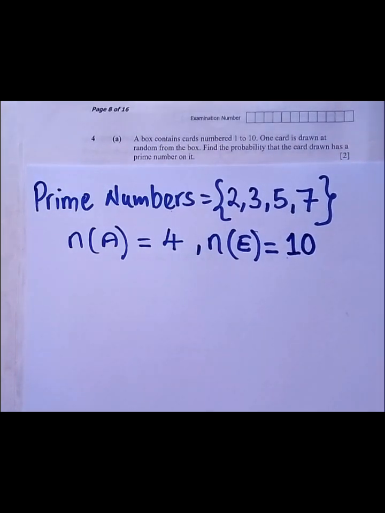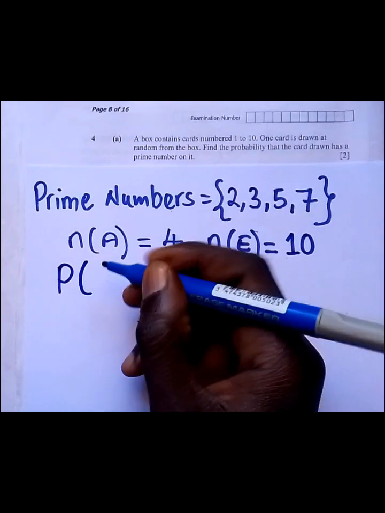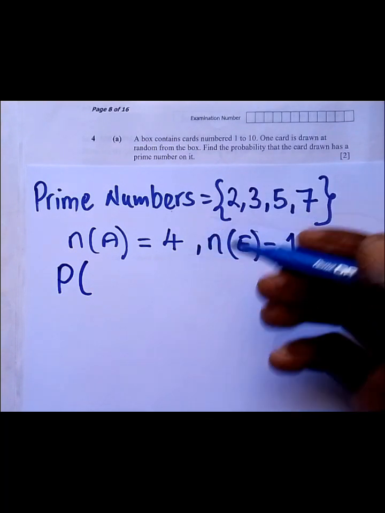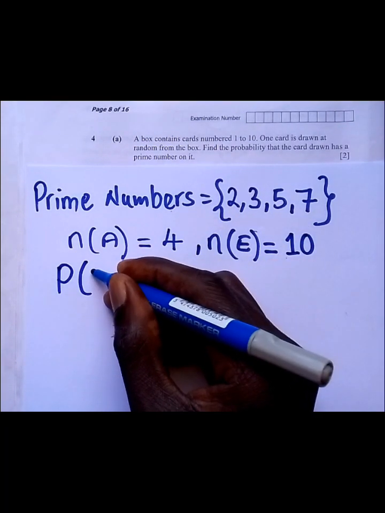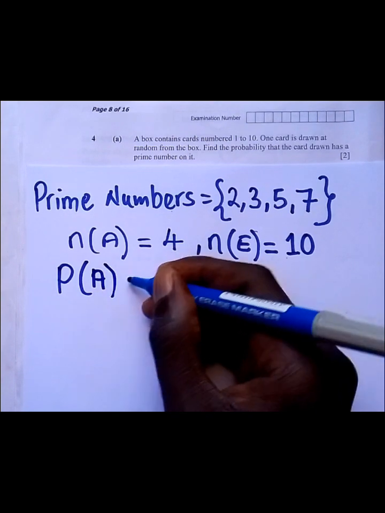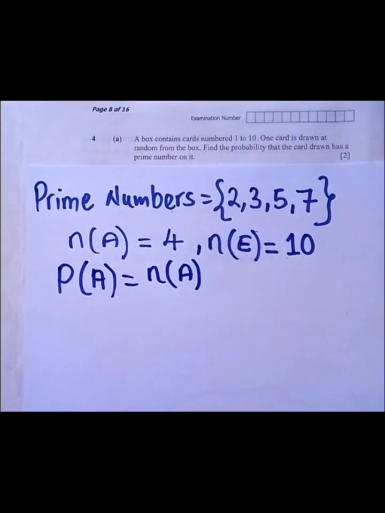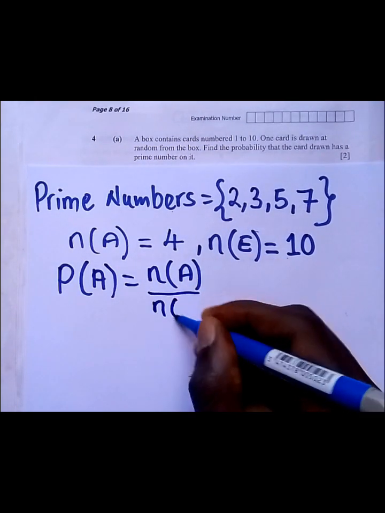So how do we now get the probability? Since we said event A is getting a card that has a prime number on it, the probability of event A is equal to the number of outcomes for event A over the total.